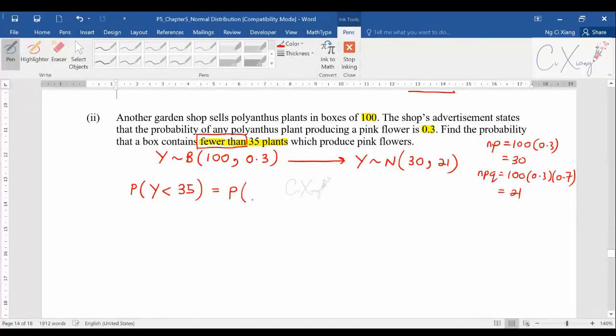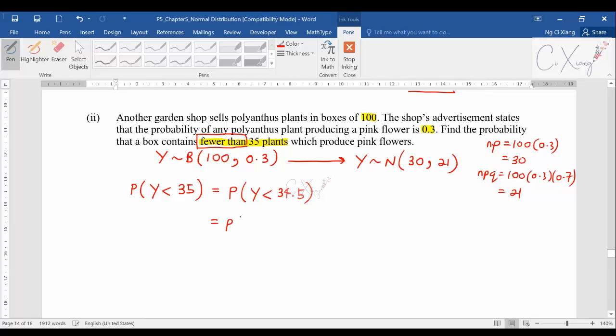To change it to normal, you need to do continuity correction. So what is the value for continuity correction? Should it be 34.5 or is it 35.5? You can imagine and draw the graph. If you do it correctly, the continuity correction should be 34.5. So the binomial, you change it to normal.